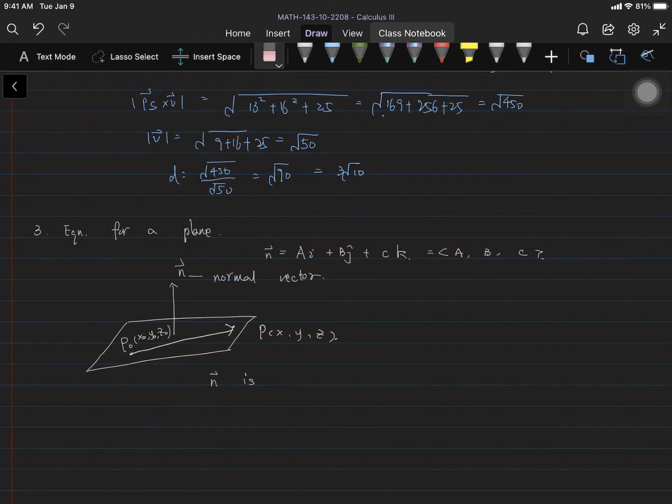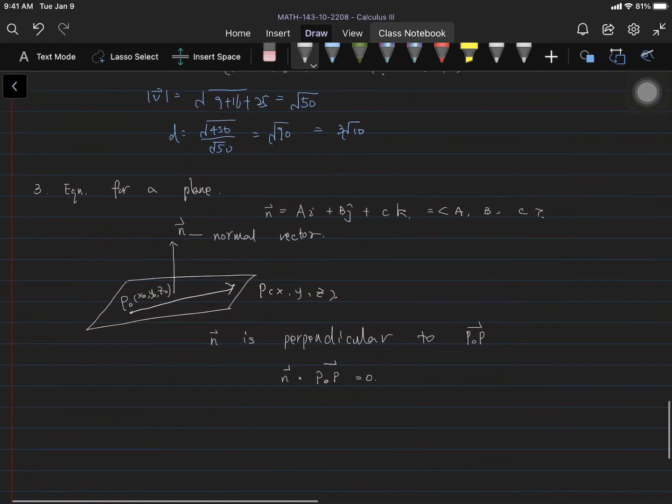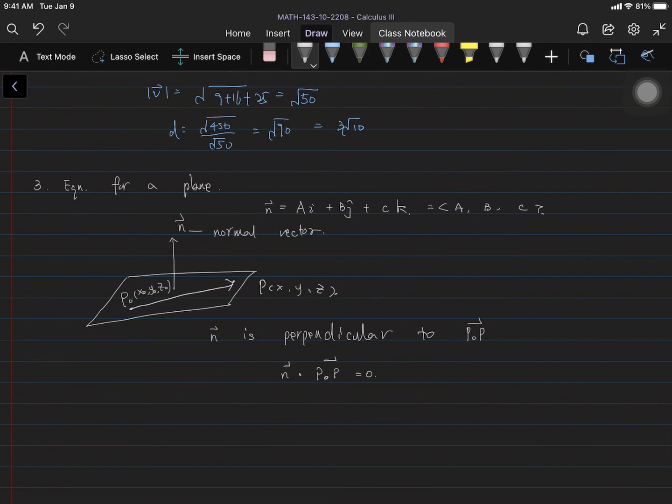So the n vector is also perpendicular to the P naught P vector, right? And if they are perpendicular, there is a property: the angle is 90, so we learned the dot product between those two should be 0, right? So by doing this, we can find the equation for the plane.